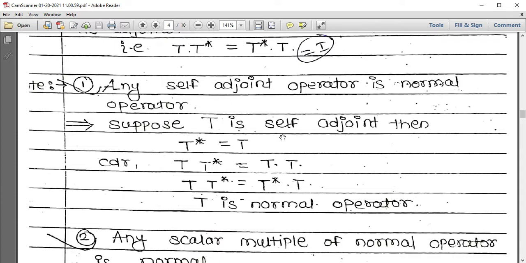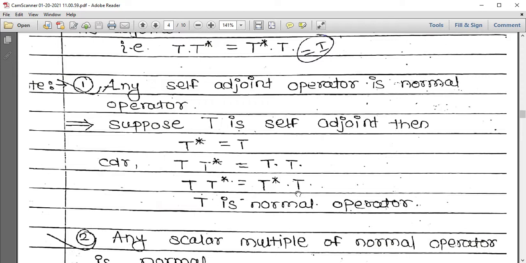Then by the definition of self-adjoint, we can write T star is equal to T. Now consider T T star, which is nothing but T as it is, and instead of T star we can write T. On the left side, put T star instead of T and T as it is.